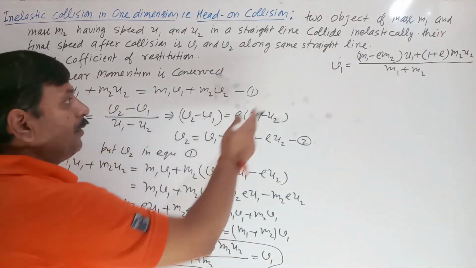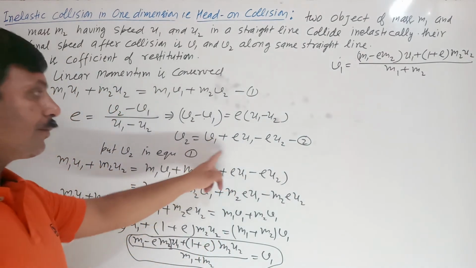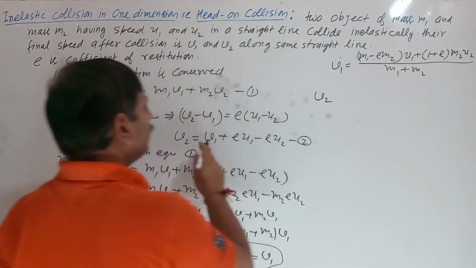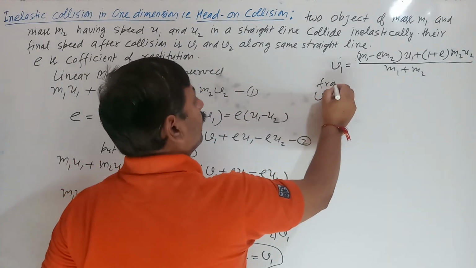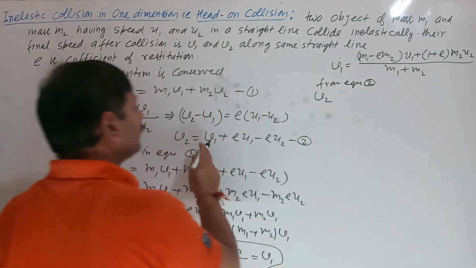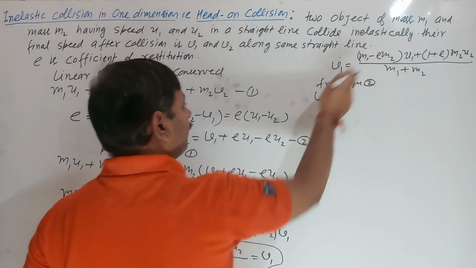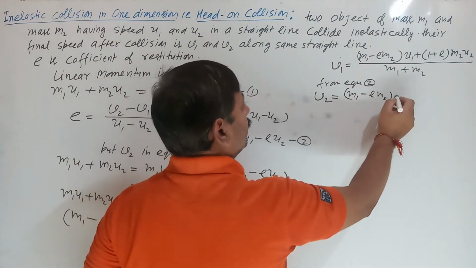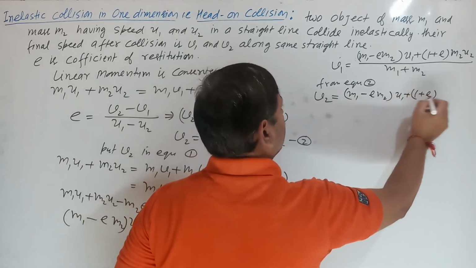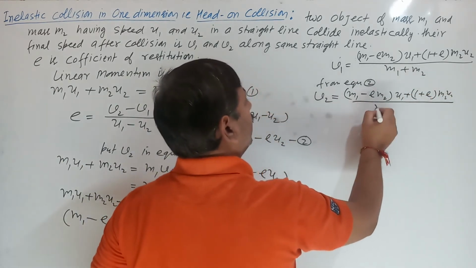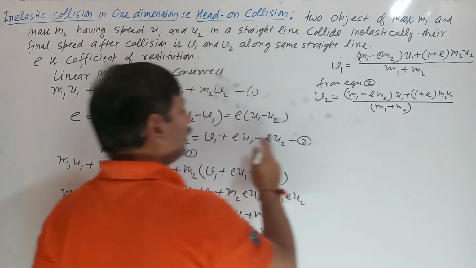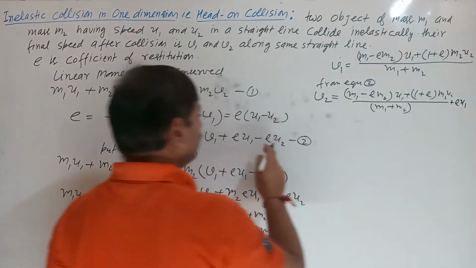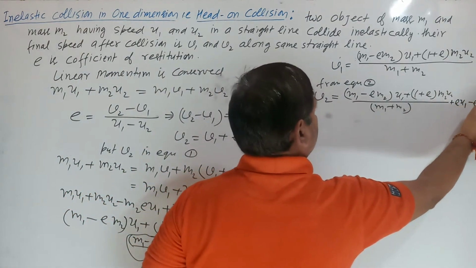This is V1. If V1 we are putting in this equation, we can find V2. So V2 is equal to what? From equation 2, V2 is equal to, in place of V1 you will write all these, M1 minus EM2 U1 plus 1 plus E M2 U2 divided by M1 plus M2 plus E U1 minus E U2.